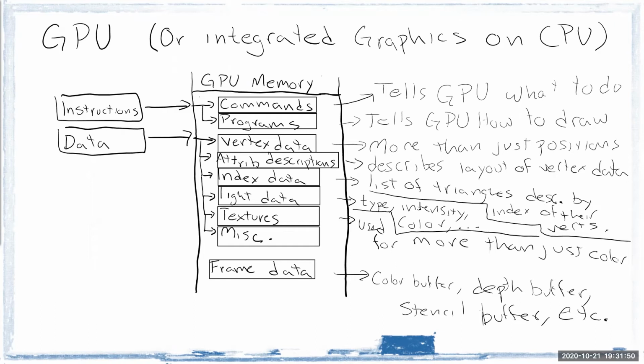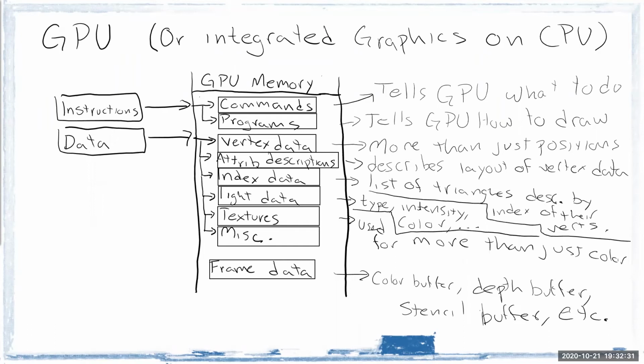And then the GPU will use that as instructions for when it does certain shader passes during the draw time. So once we've given it all of the vertex data and all of this data, it will start by running a vertex shader program, which tells it how to interpret the vertex data and what to do with that information, and then what to pass on to the next part of the pipeline.